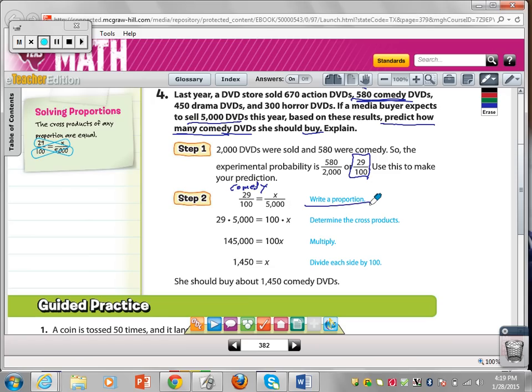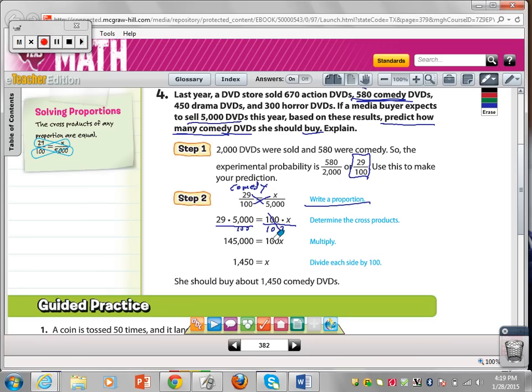This is where we set up a proportion. If you could sell this many comedy in this many sales, then how many comedies would you sell in this many sales? So once again, we cross multiply and divide here. 29 times 5,000, and 100 times x becomes 100x. Now we divide by 100 on both sides.